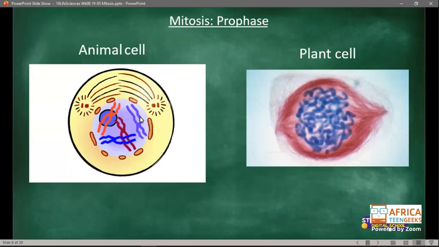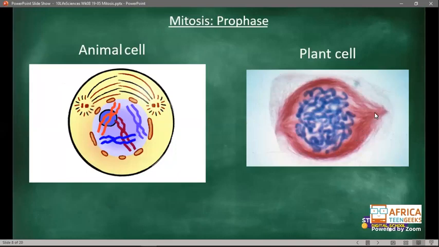They have centrioles or centrosomes. And then for plant cells, there are no centrioles, as you can see, and the spindle fibers. So these are the spindle fibers. It looks like wool, something. So these are your spindle fibers. So it is a micrograph. So the spindle fibers come from your cytoplasm.